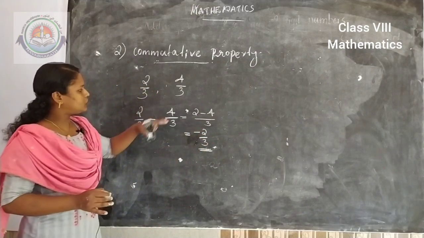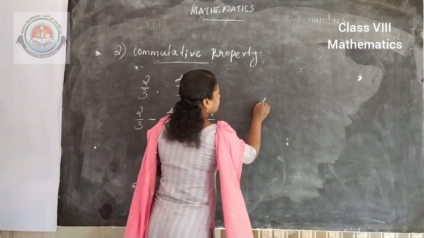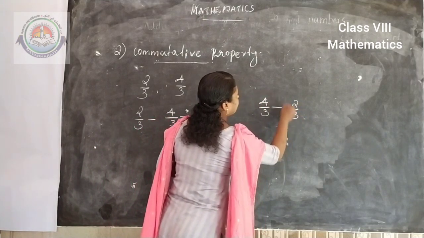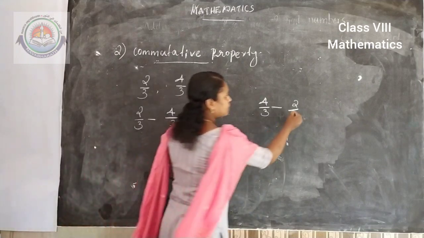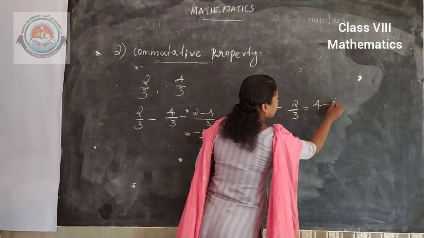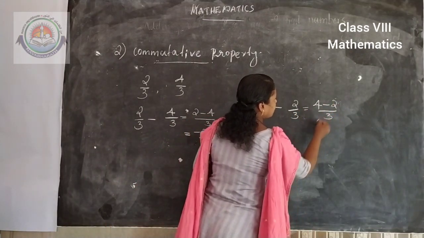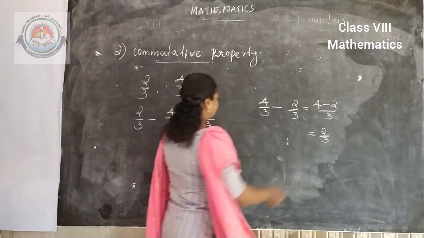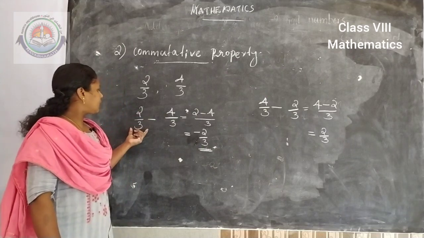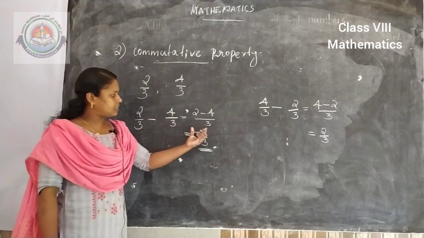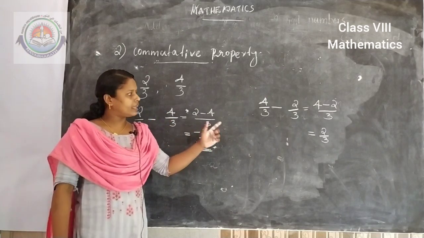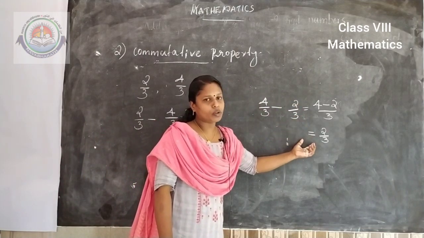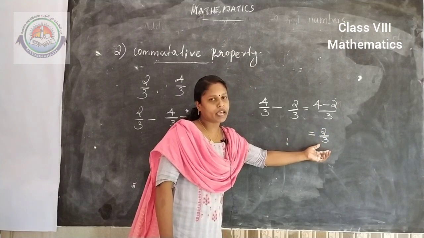And next we need to subtract 4 by 3 minus 2 by 3, which is equal to 4 minus 2 by 3. That is, 4 minus 2 is 2, so 2 by 3. Here 2 by 3 minus 4 by 3 is negative 2 by 3, and here 4 by 3 minus 2 by 3 is equal to positive 2 by 3.